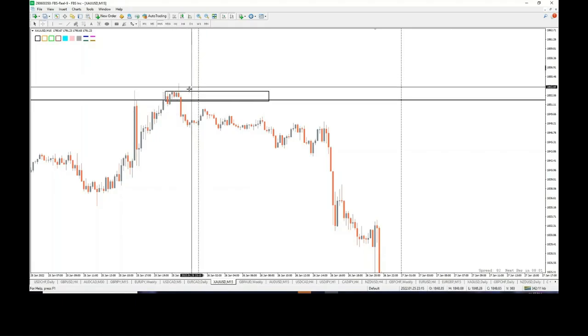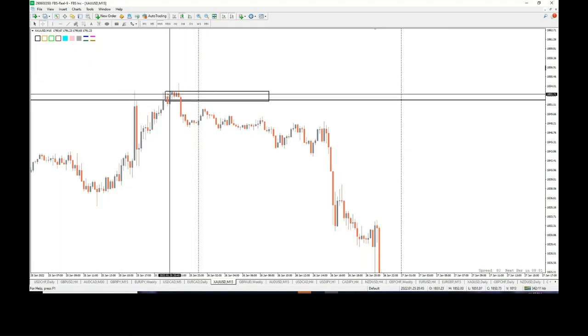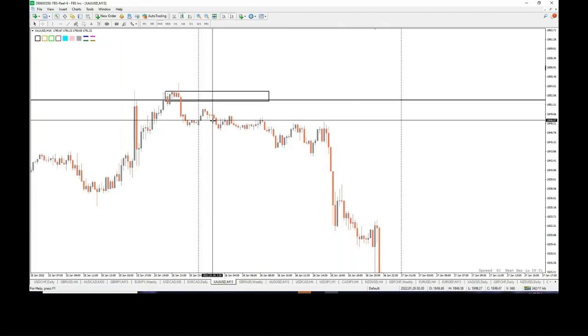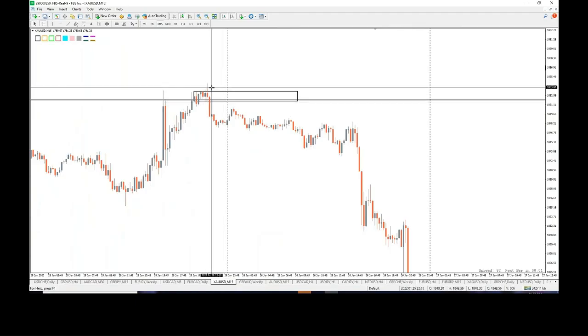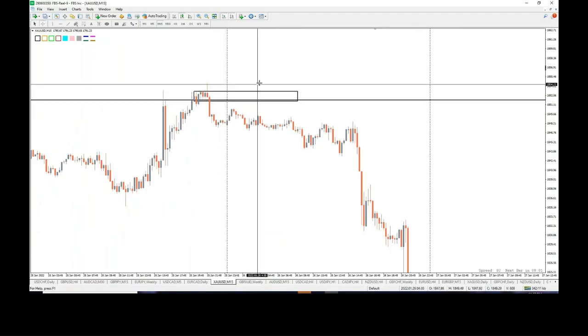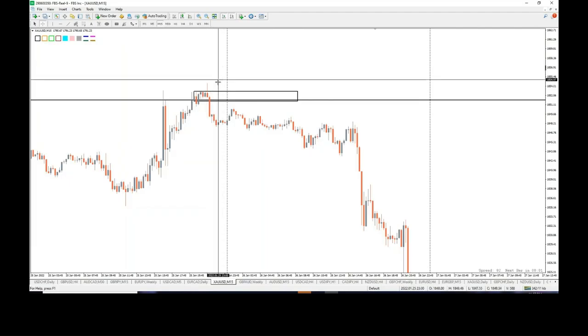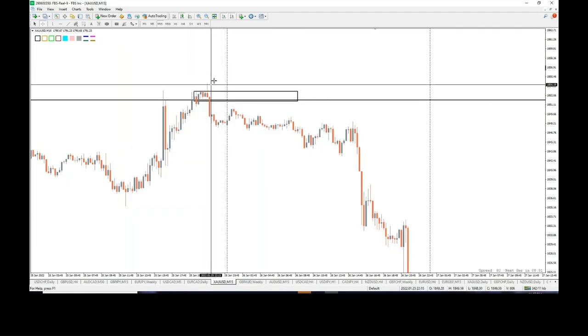I don't close any position until the price closes inside. Boom. The price is going down and profits. Why do you wait for the price to close inside the zone? Because if they break the zone, I have to cut loss.